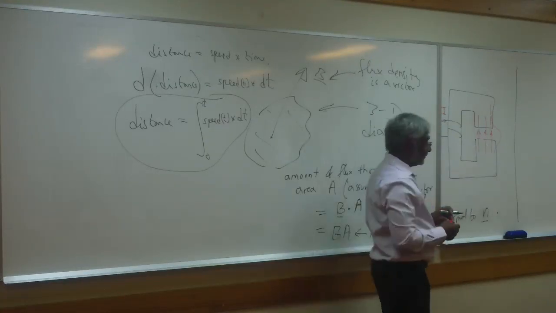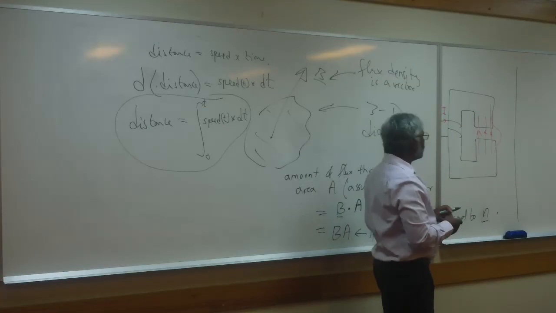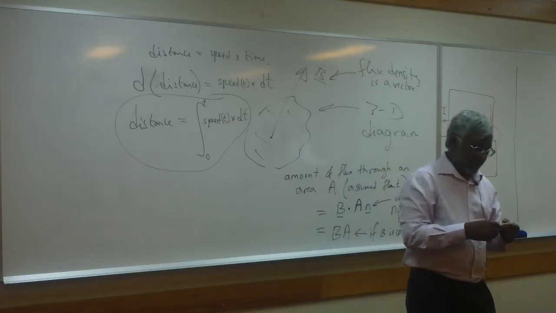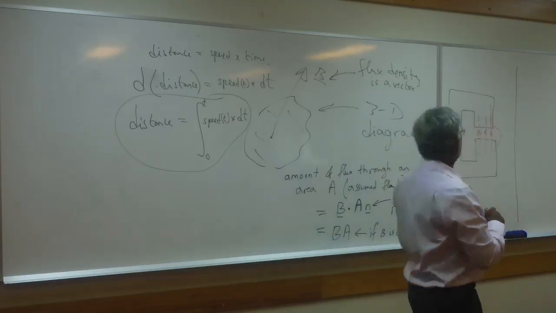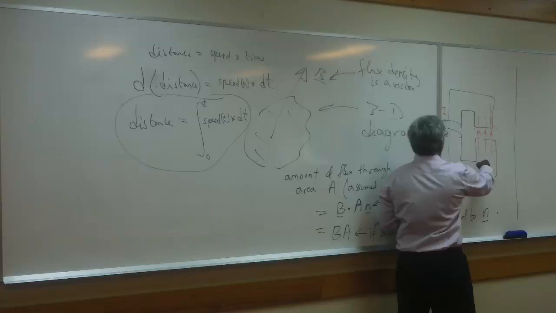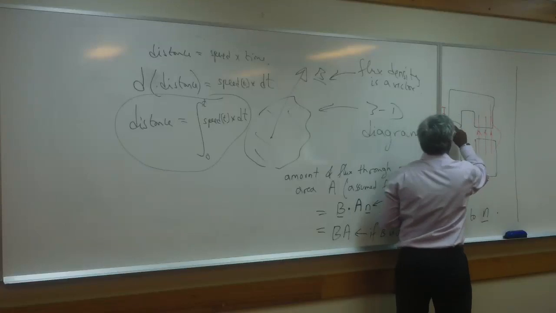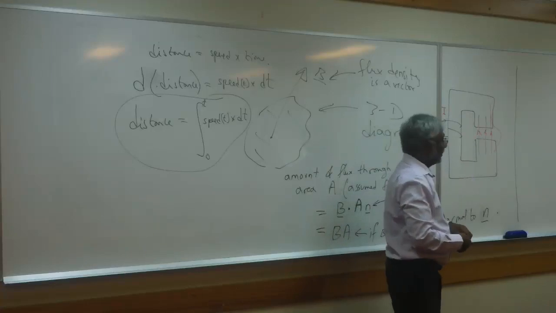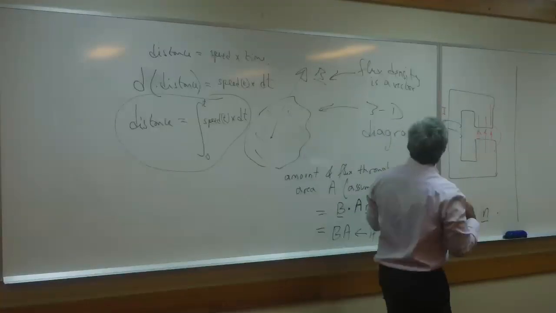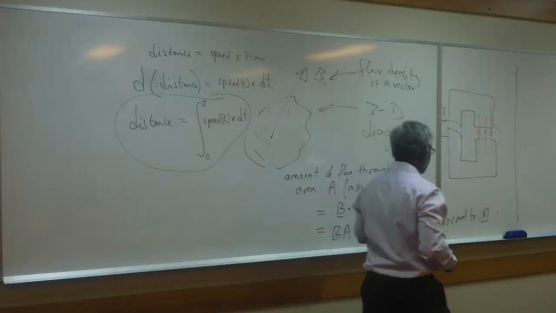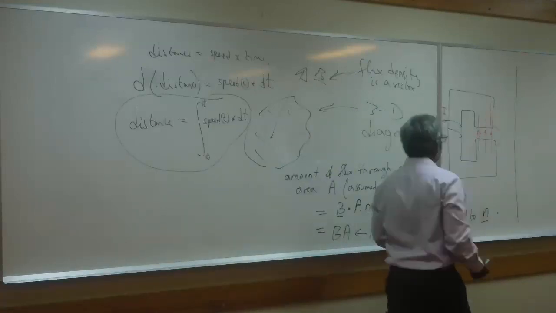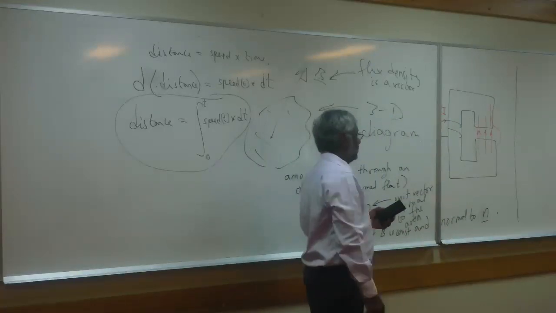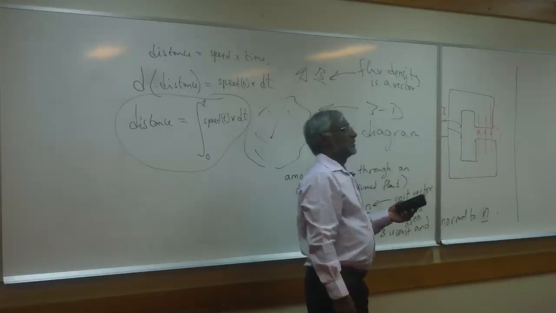Not only that, but you would also quite logically say that the amount of flux would be proportional not just to the current, but to the number of turns in this coil. So you would make that assumption, and you can test it. If you wanted to test it, you will be able to. You could come up with an experiment to test that.